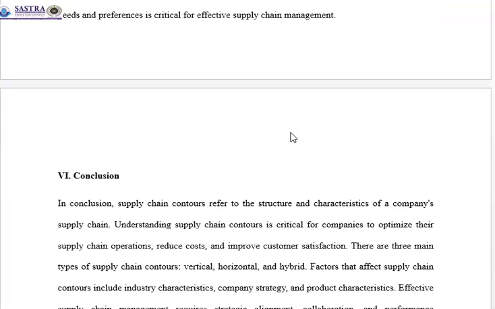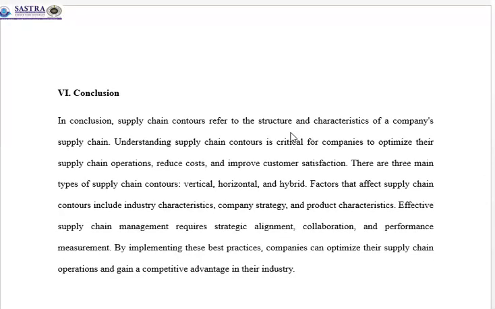Then coming back to the conclusion part of it. In conclusion, supply chain contours refer to the structure and the characteristics of the company's supply chain.